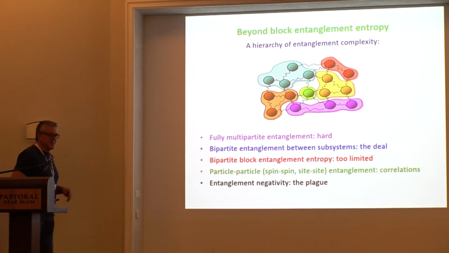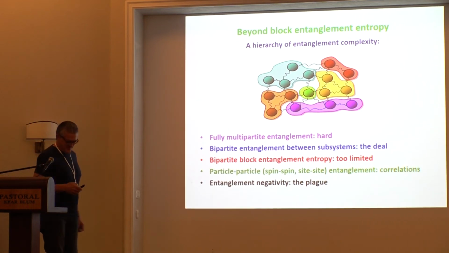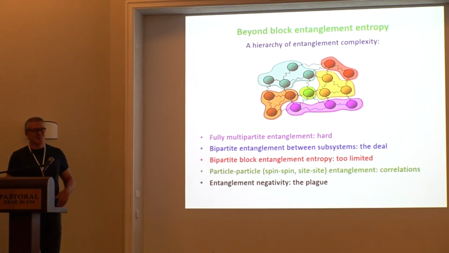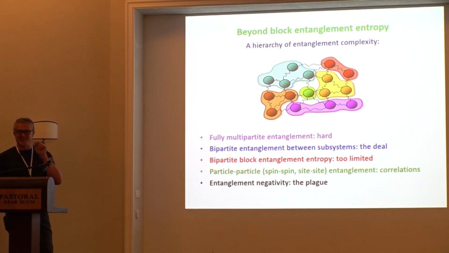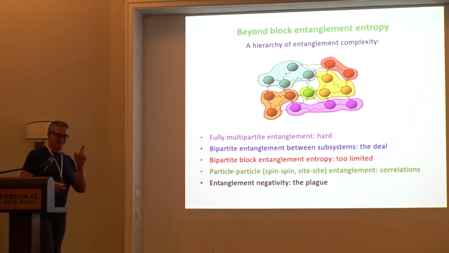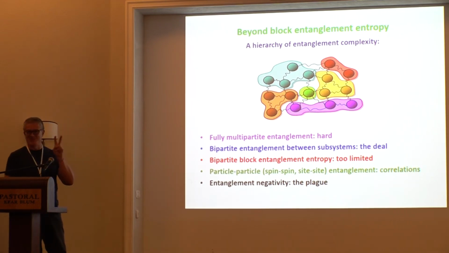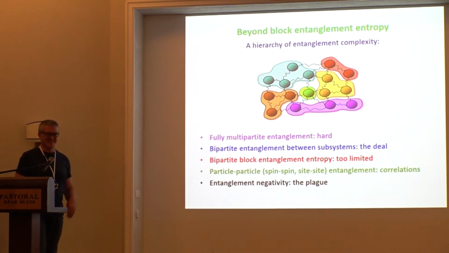Then, in the beginning, if you remember the paper by Osterloh and others, 2000 in Nature, they studied the concurrence in the quantum Ising chain. There was just the spin-spin entanglement between two sites. At that time, it was a big deal, right?